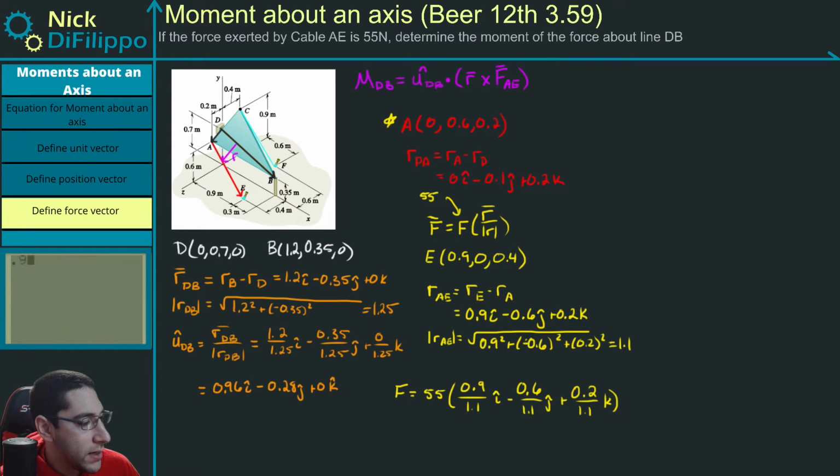So 0.9 times 1 divided by 1.1 times 55, we get 45i. So we have 45i minus 0.6 divided by 1.1 times 55. We get minus 30j.